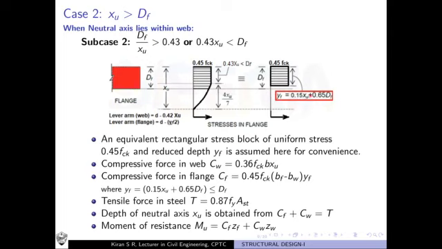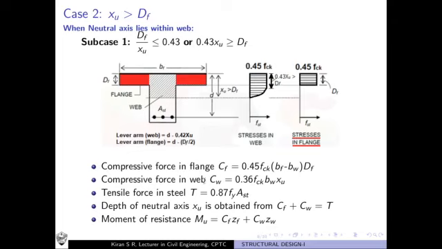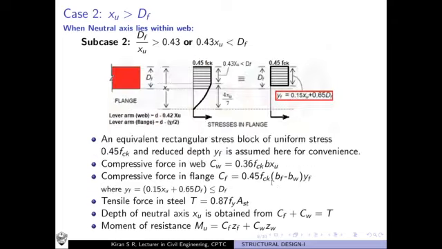Here xu is the depth of neutral axis, which you would know, and df is the depth of flange. If you substitute it here, you will get the depth over which the stress is uniform. Once this is known, you can easily find out the equations. The compressive force in web is the same, 0.36 fck bw into xu.